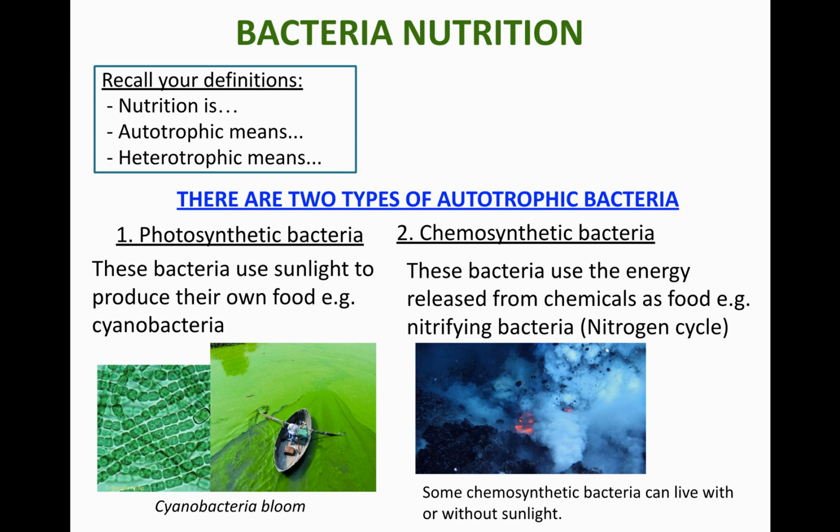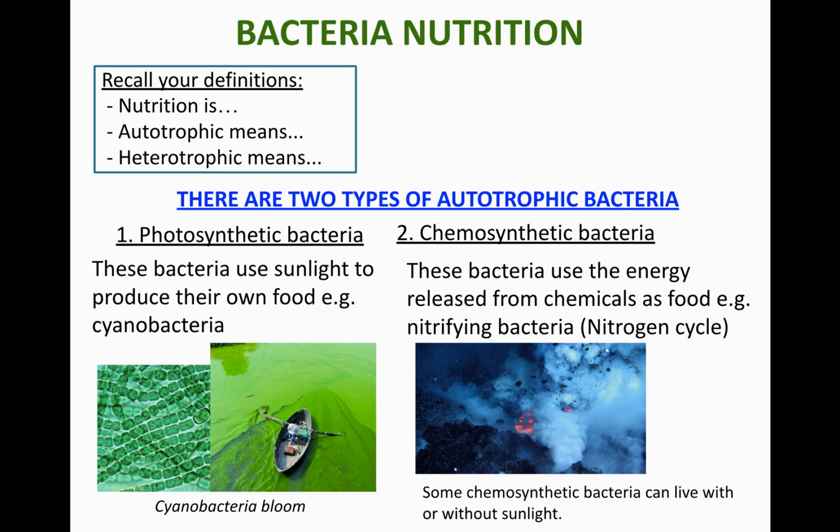These bacteria use sunlight to produce their own food. They're just like plants. They photosynthesize. There's also chemosynthetic bacteria, which are organisms that use chemical reactions to produce food, to produce energy.